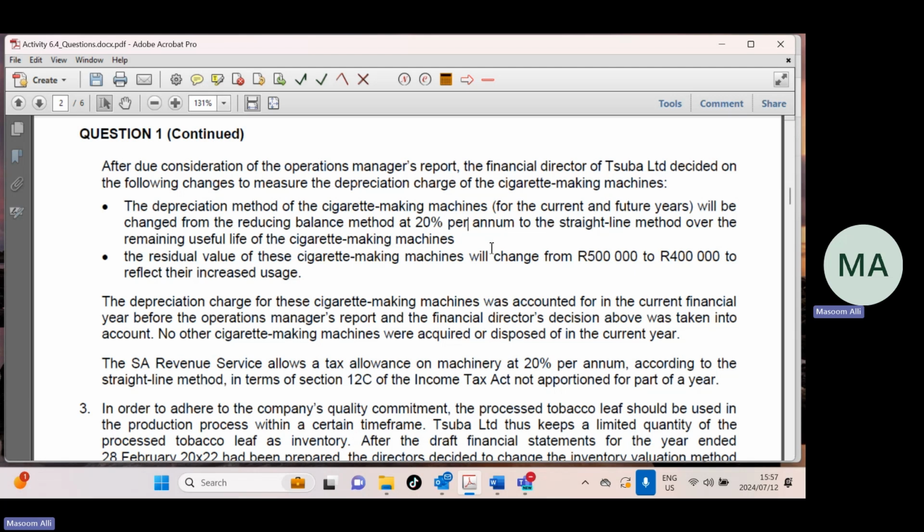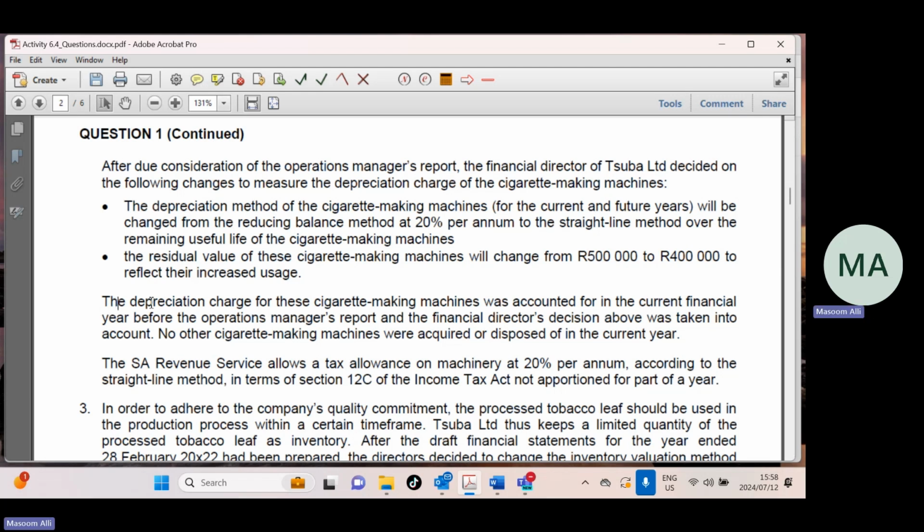So we'll go and do that calculation now quickly, just once you've read this information, right? The residual value of these cigarette making machines will change from 500,000 to 400,000. So it's a change in residual value, which is also a change in estimates, definitely, to reflect their increased usage.